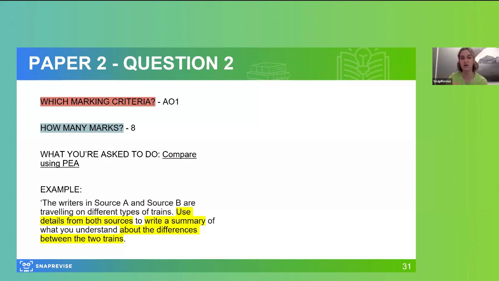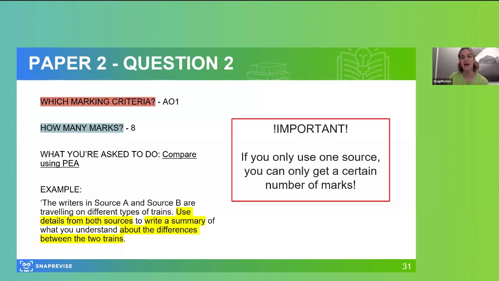If there are 3, think about the 3 and analyze that in a lot of depth. And if you only use one source, you only get a certain amount of marks. I think the marking scheme says that if Level 1 is achieved but it's only used with Source A, give them a maximum of 3 marks. And again, it's worth 8, so you really don't want to be missing out on those key points.